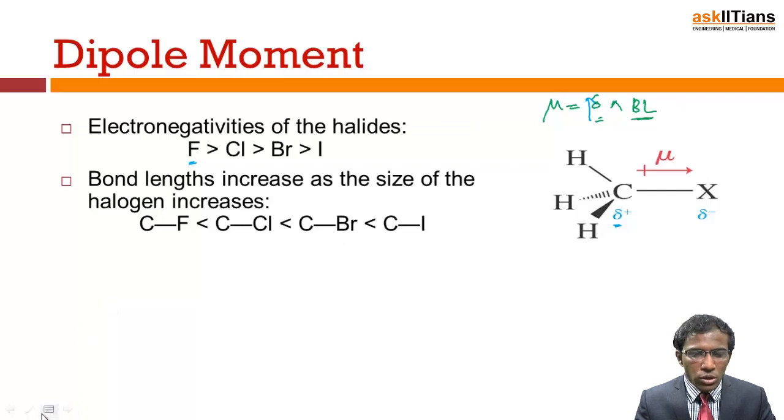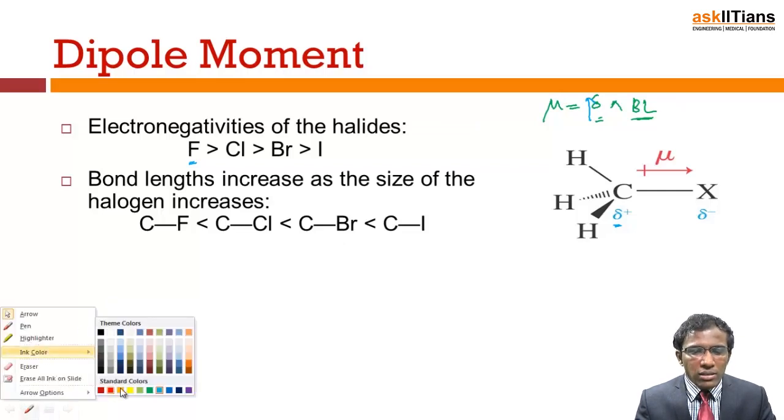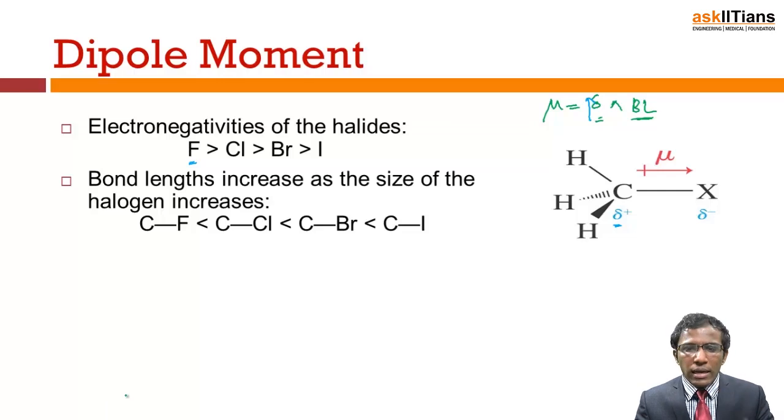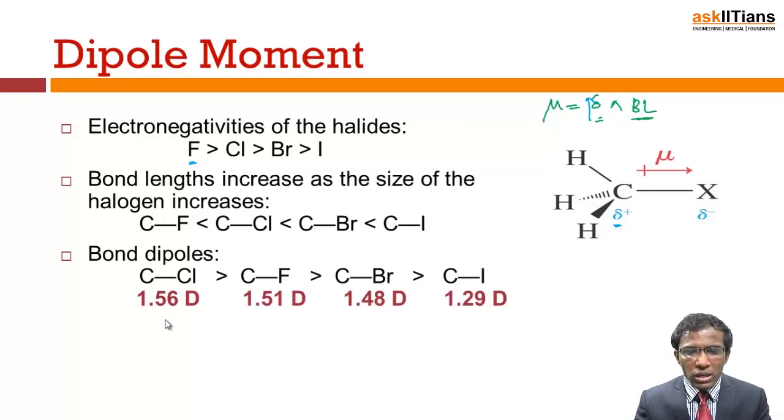It is not decided only by delta, that is electronegativity, nor only by bond length. Both you have to take into account. If you take both into account, then the dipole moment is not a regular order. C-Cl has a higher bond dipole moment, and C-F has less than chlorine. So here fluorine and chlorine are swapped, right?